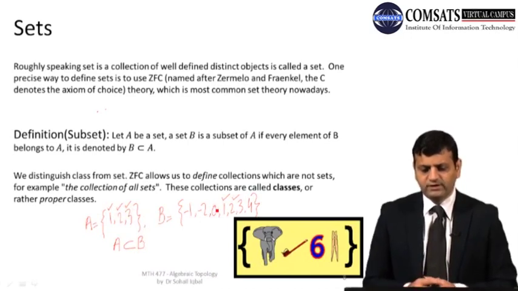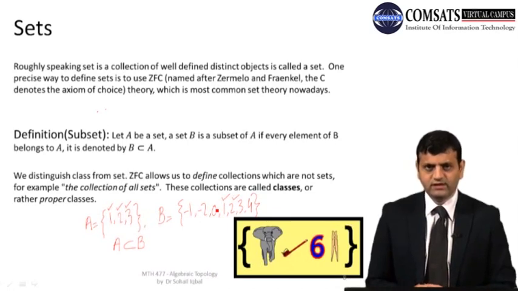We will differentiate between the set and the term class. As I said earlier, sets are precisely defined using many theories, but the most common nowadays is ZFC, and we are not going into the details of the definition.